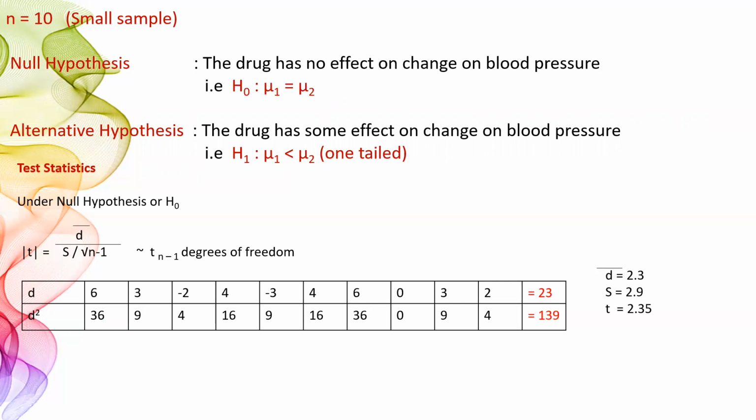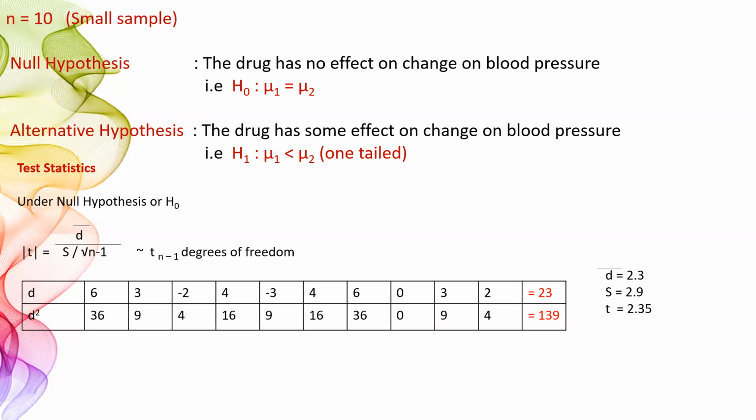So here the problem becomes one-tailed. Again, like the last problem, we substitute in the formula: modulus of t is equal to d bar divided by s by root of n minus 1, which follows t with n minus 1 degrees of freedom. Compared to the previous problem, here x and y values are not given; the d value is given directly. So we just have to square the d values.